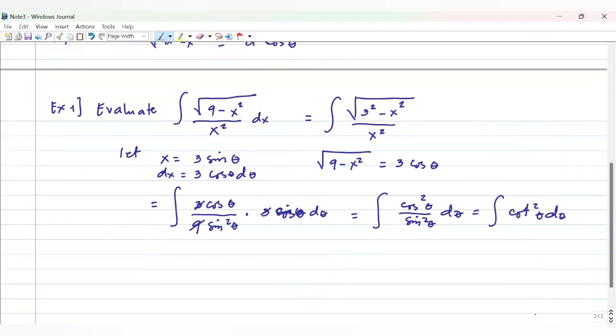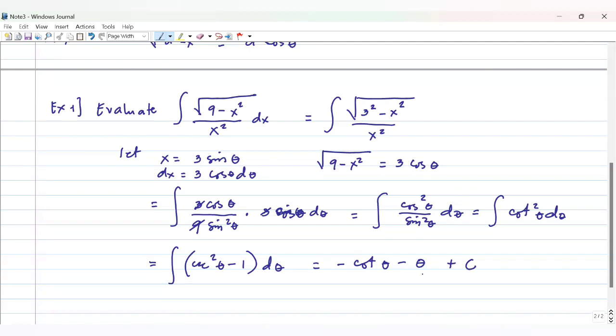Then what is the identity for cotangent squared theta? It will be cosecant squared of theta minus 1, and then d theta. So if we try to integrate this one, that will be negative cotangent of theta minus theta plus c. That's it.